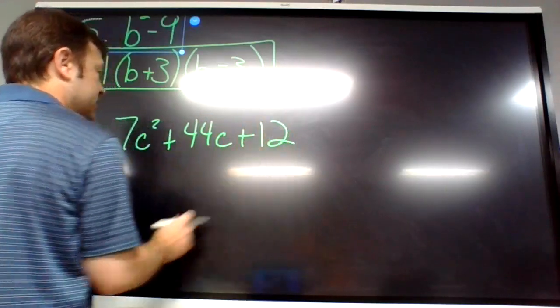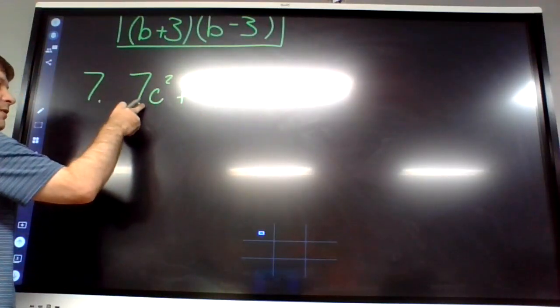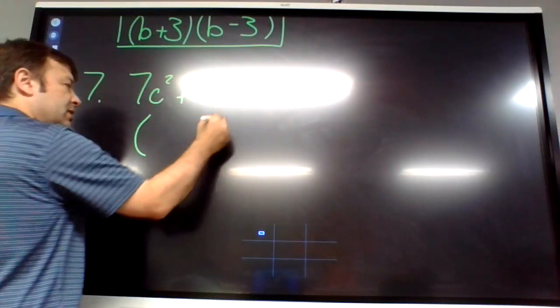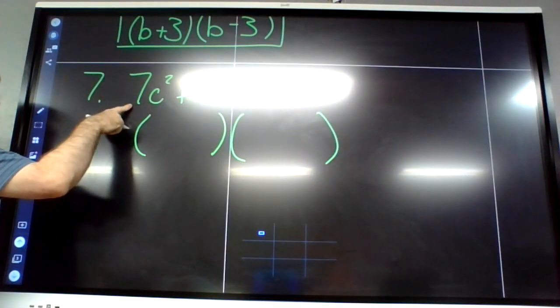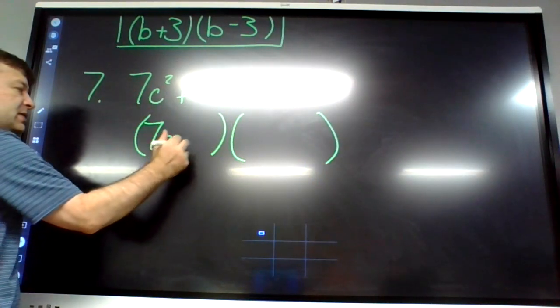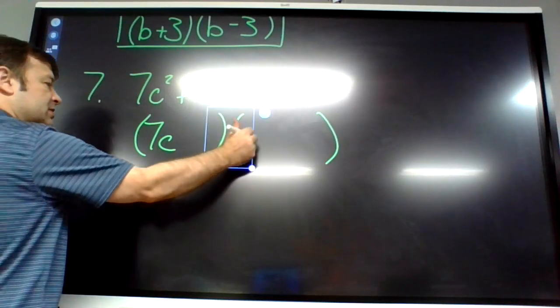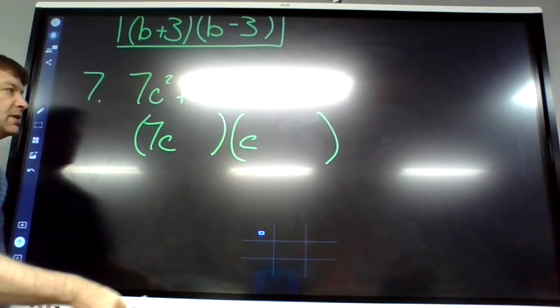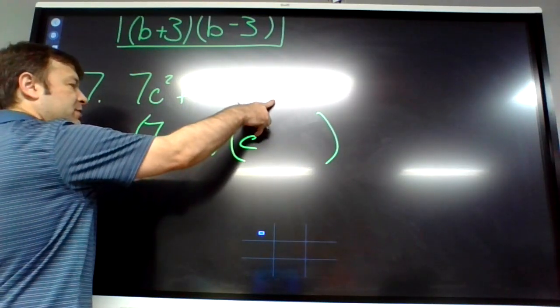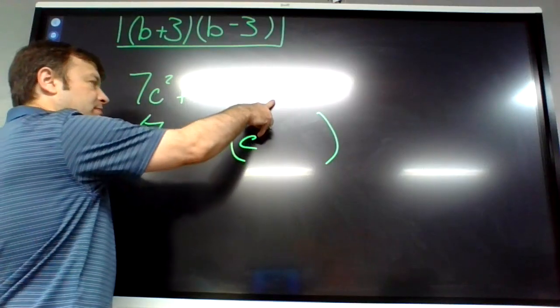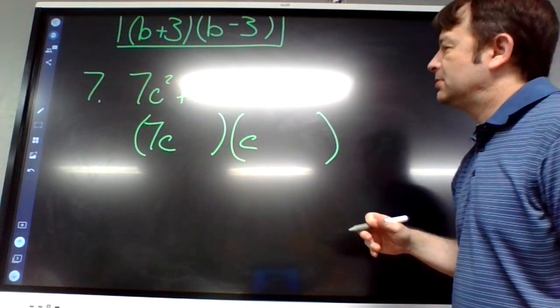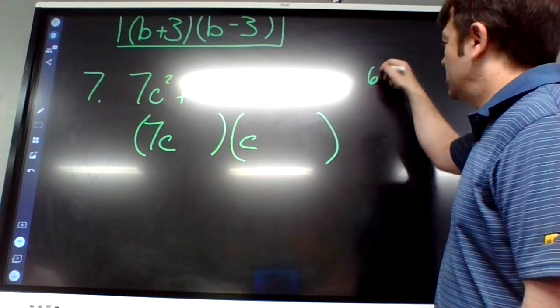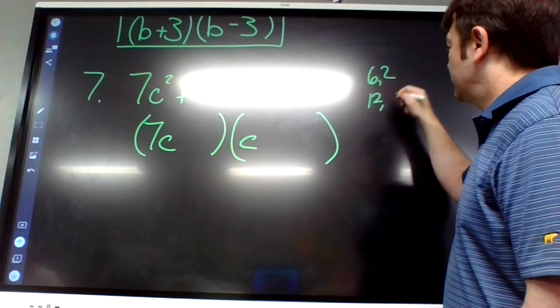Okay, this is 3-term factoring, but it's the harder version because there is a number on the front. So what am I going to put in the front? 7c times 1c, just c. In the back, what goes into 12? 6 and 2. 12 and 1. 3 and 4.